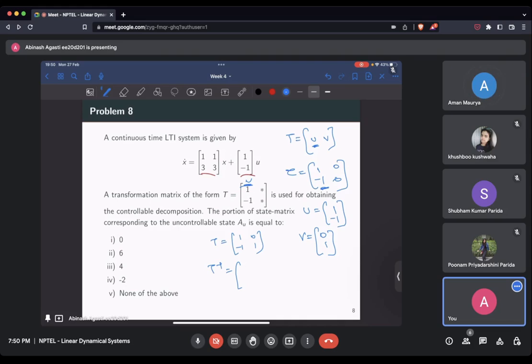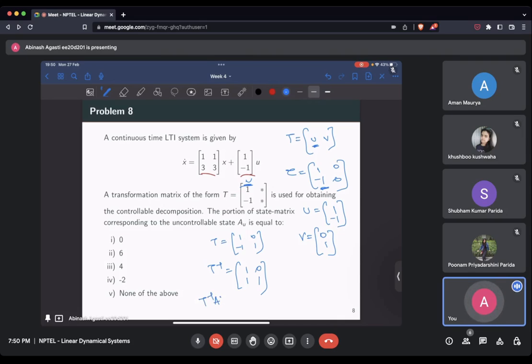So the inverse is 1, 1, 0, 1. Correct. Yes, you can verify that this is the inverse of this given T matrix.